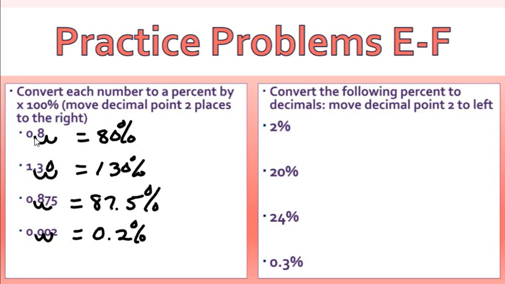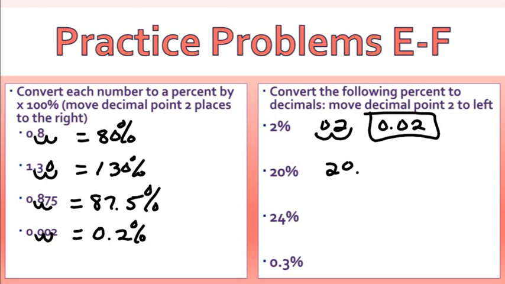And the other one, go from percent to decimal. We move the decimal point 2 to the left. So the decimal point is here, 1, 2. So that would make it 0.02. 20%, decimal point is here, move it 2 to the left, you would make it 0.2.